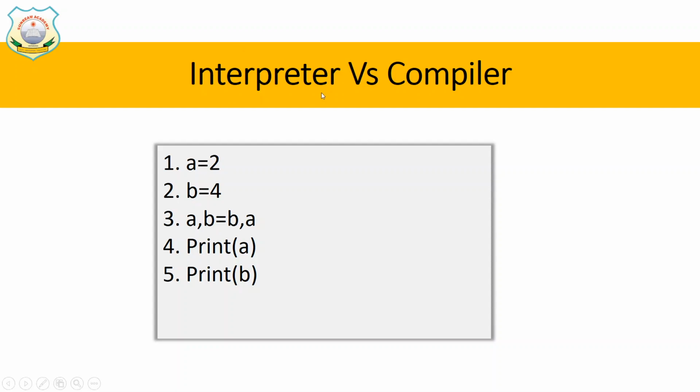And that is how an interpreter will work, children. But if it is a compiler, it will take the entire code and show you all the errors. So if there are two errors at line number 2 and line number 4, it will show both the errors, that there is an error at line number 2 and there is an error at line number 4.